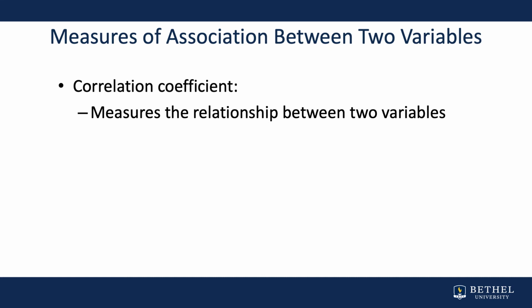Something else that can help us with this relationship between the variables is the correlation coefficient. This one you may see a lot more as you do more descriptive statistics. It measures the relationship between the two variables.